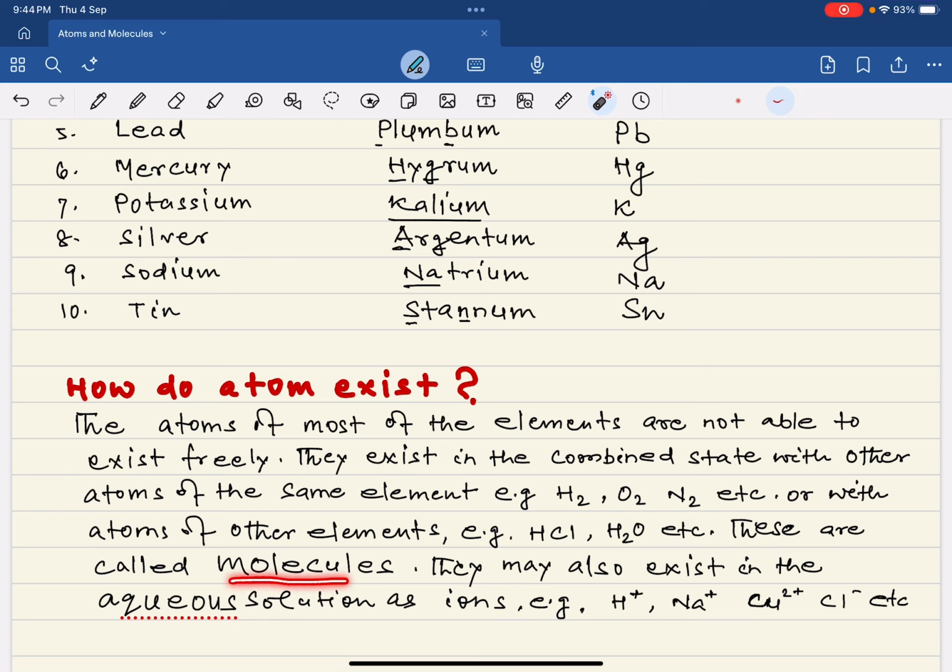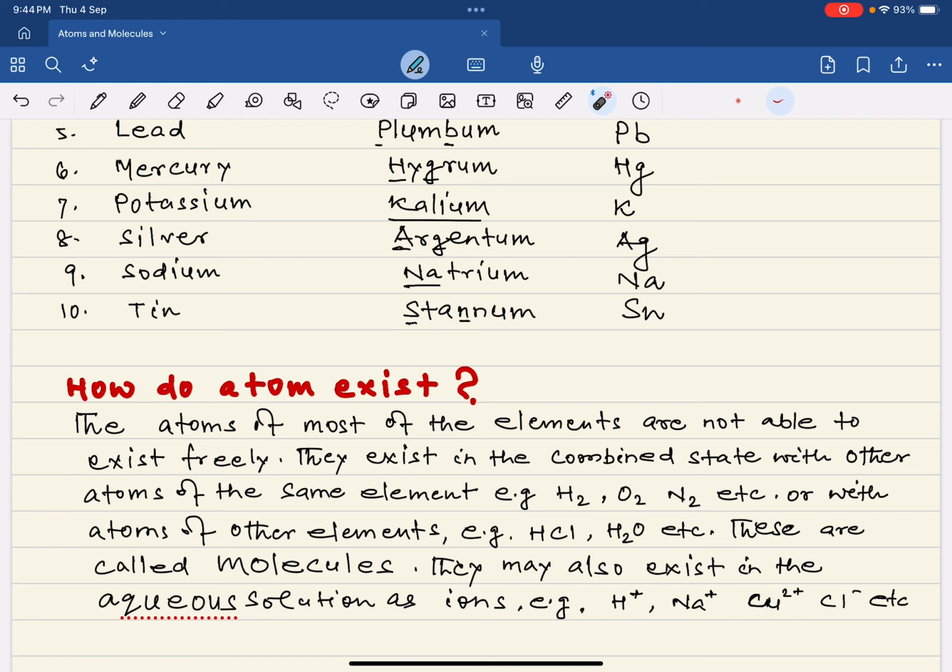These are called molecules. They may also exist in aqueous solution as ions, that is H plus, the hydrogen ion, Na plus, the sodium ion, Cu2 plus, the copper ion, and Cl minus, the chloride ion.